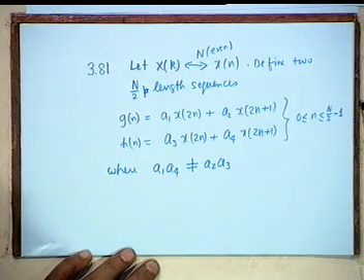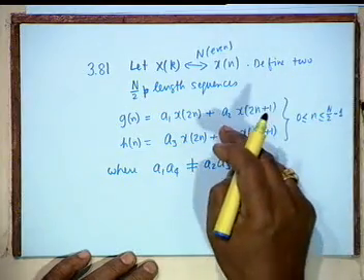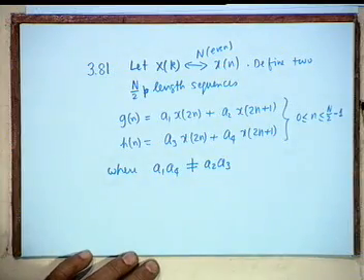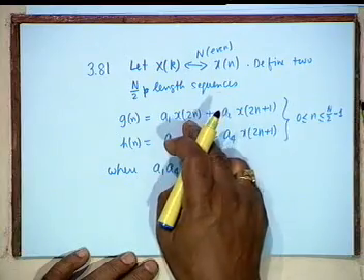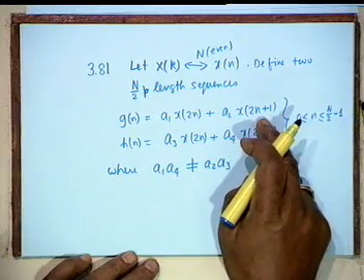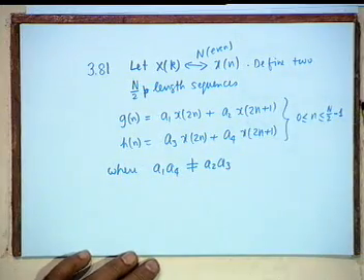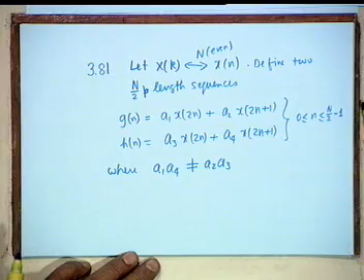All right? So given a sequence x of n, you have taken the even numbered samples to form a sequence x of 2n, and odd numbered samples to form a sequence x of 2n plus 1, and then you make a linear combination in 2 ways, A1, A2, A3, A4. All right.